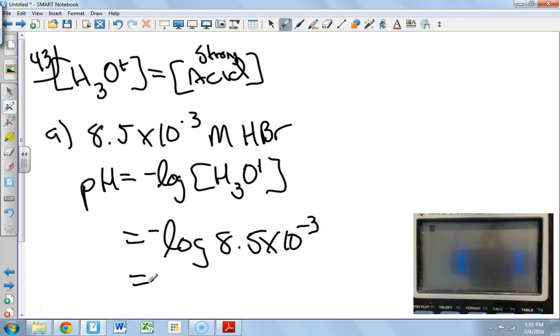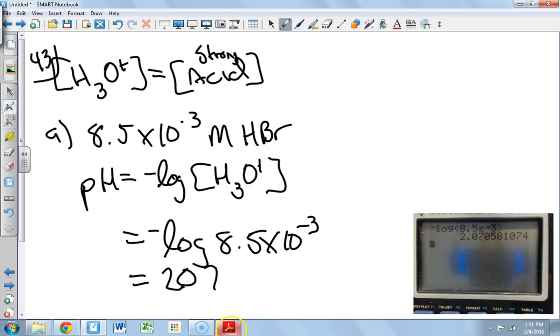And so now when we plug that in our calculator, we get negative log of 8.5, and I always use E, okay? That makes that all one term, and it doesn't split it up and do the math funny in terms of order of operations. So there's E, and then negative 3, end parenthesis, and we get a pH equal to 2.07. Okay, so we just use significant figures.